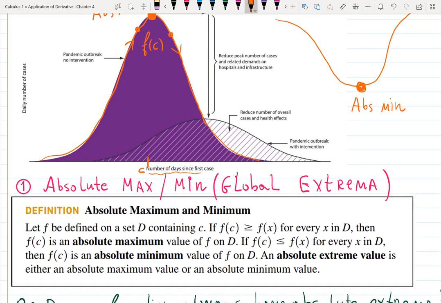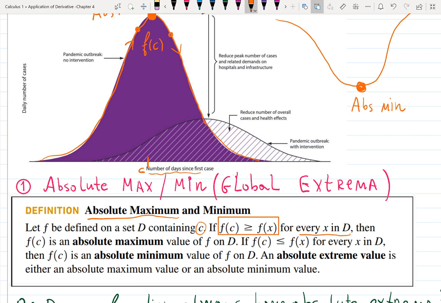The definition of the absolute maximum: if f is defined on a set D that contains C, then if f of C is greater than or equal to any other f of x for every x in D, every x in D. So we checked all of the other inputs and f of C is still greater or equal.